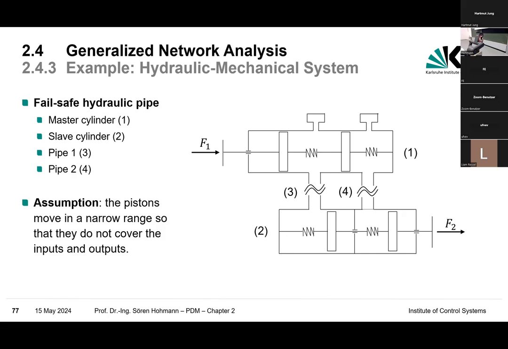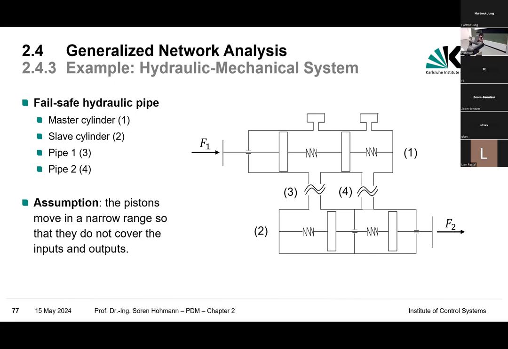Well, let me give you a second example, which is a hydraulic mechanical cylinder, which everybody has if he drives cars or has a wonderful bike with hydraulics. If you have hydraulics, you have the following situation: you press your brake pedal, and hydraulics transport the force to the brake discs.